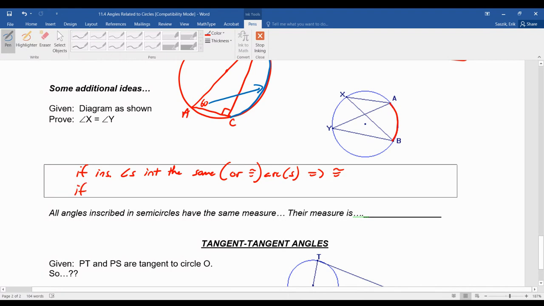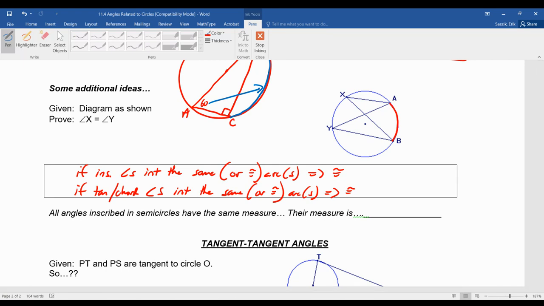And remember, what was the other angle that was just like an inscribed angle? It was the tangent chord angle, right? If tangent chord angles intercept the same or congruent arcs, then they're congruent as well. And you can actually mix and match those. If you have an inscribed angle intercepting the same arc that a tangent chord angle intercepts, they're going to be congruent as well, for the reason that we talked through up here. Okay.